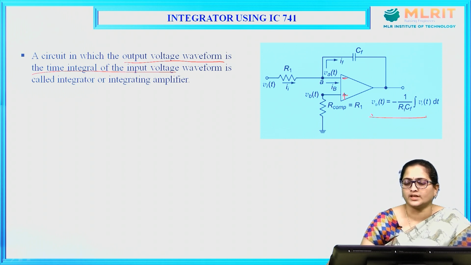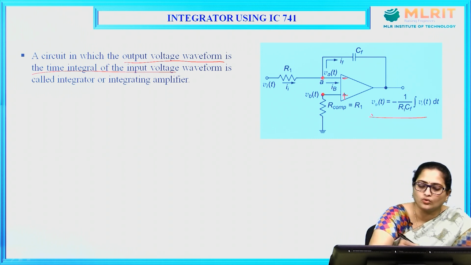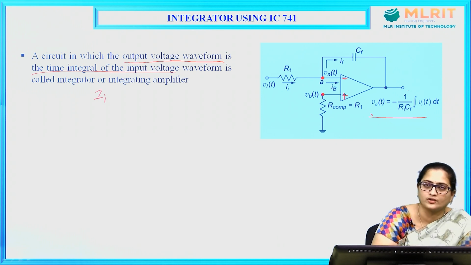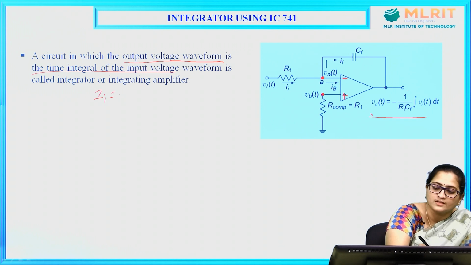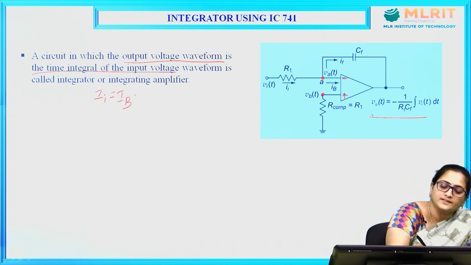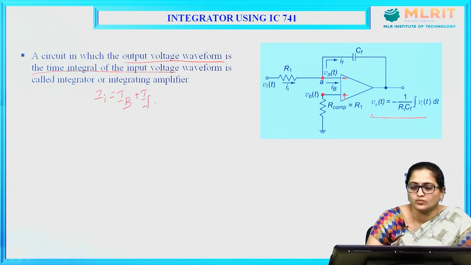Now, we need to check whether the output V0 is an integral of Vi of t or not. Let us assume this is node A and this is node B. If we apply KCL at node A, the current entering node A is I, the current across the resistor R1, which equals IB, the current flowing towards the negative terminal of the op amp from point A, plus IF, the feedback current flowing out from node A towards the capacitor CF.